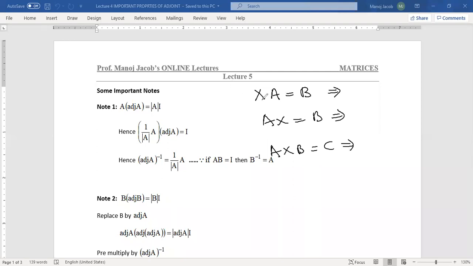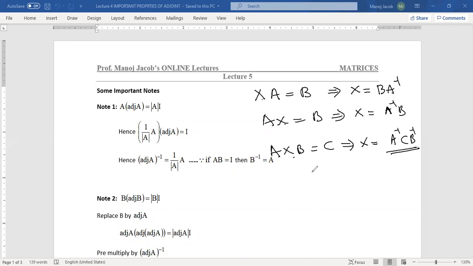Make X the subject here. Have you written? Yes, sir. First answer: BA inverse. Second answer: A inverse B. Third answer: A inverse C B inverse.